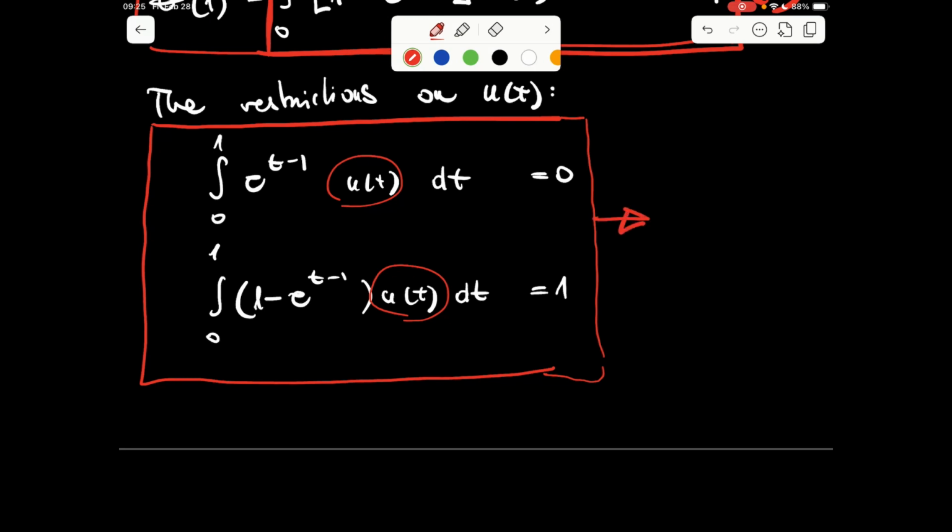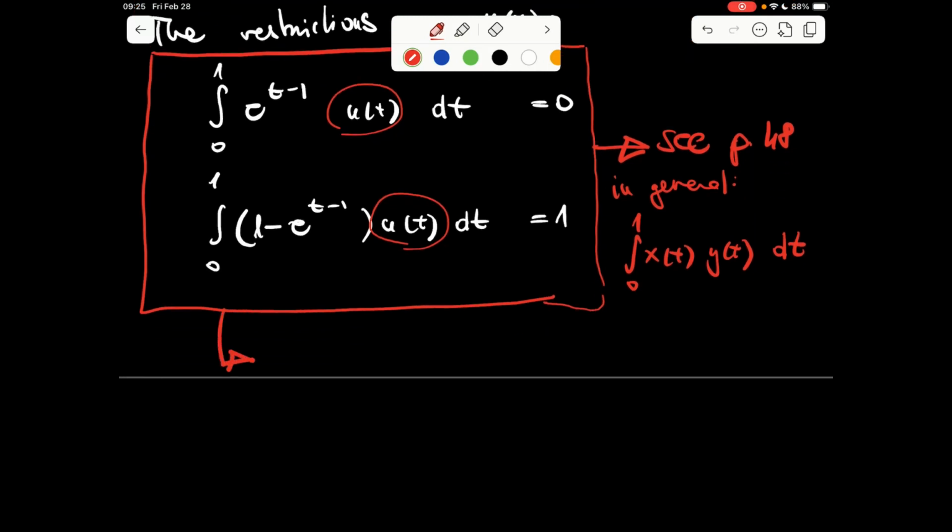So see page 48 of the textbook, because it's interesting to realize that in general, what we see is an inner product in this form, right? So this is the inner product of this function space.